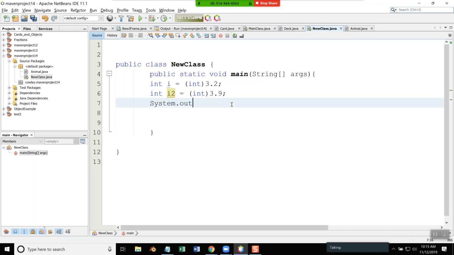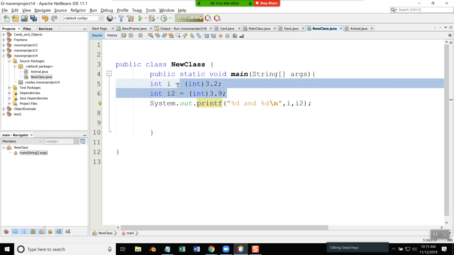So System.out.printf %d and %d. Let's see what that gives us. So the question becomes, and I don't know the answer to this myself, does it round or does it just truncate? If it rounds, the first one should be 3 and the second one should be 4. If it truncates, they both should be 3.